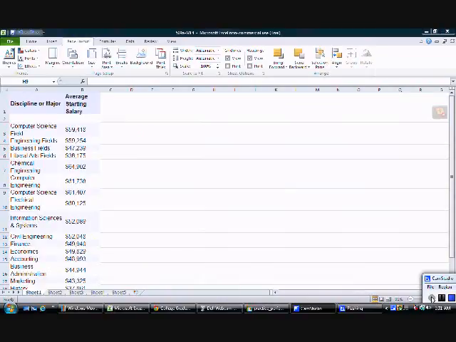I am interested in the different majors and salaries because once I want you to attend, I want you to have an estimate of how much money you will be earning once you graduate. So I want to find the mean and the median and its relationship to finding the average.